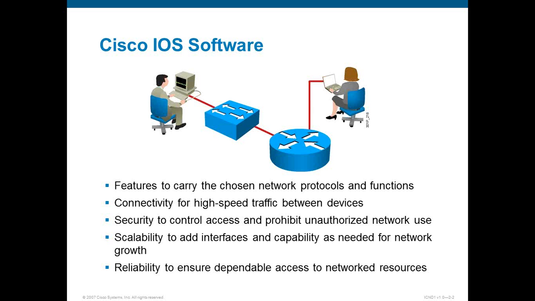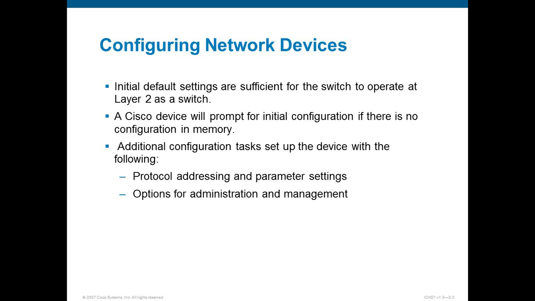Okay. So let's talk about the first topic. Configuring a network device. In the initial configuration of the device, the initial default settings are sufficient to operate a router or switch as a layer 2 switch.